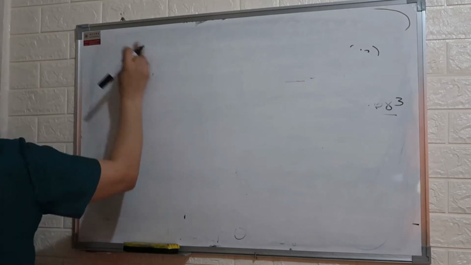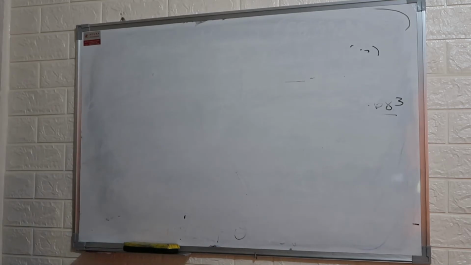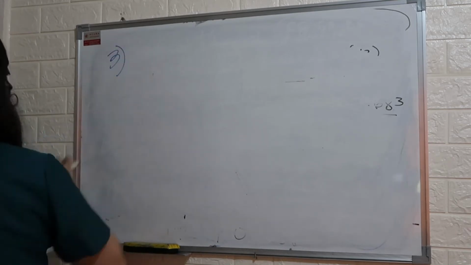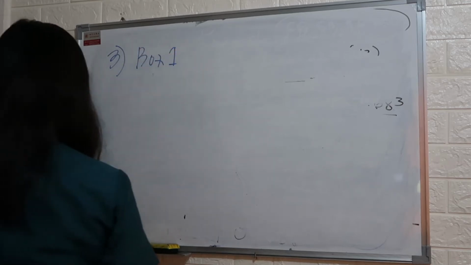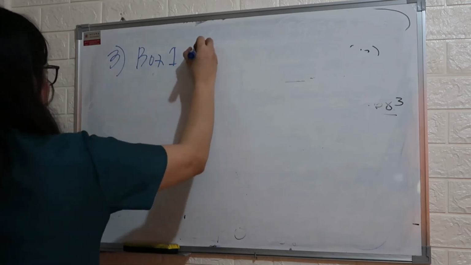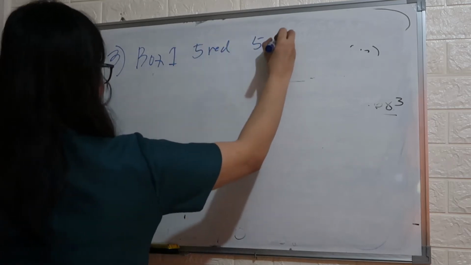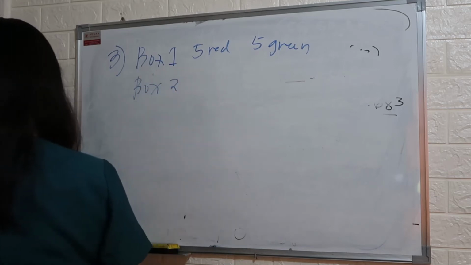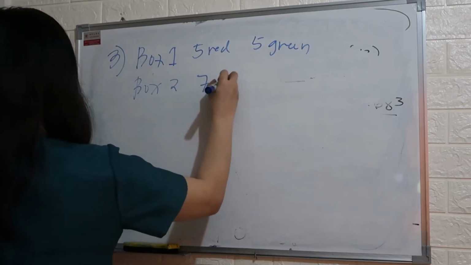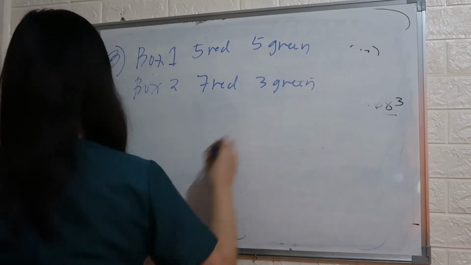Example number 3. Box 1 is composed of 5 red, 5 green. Box 2 is composed of 7 red, 3 green.